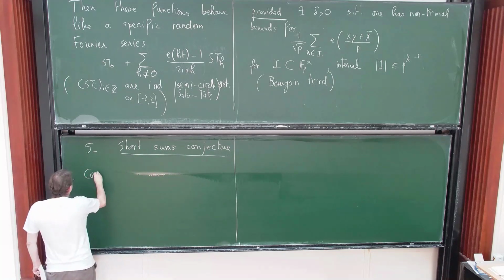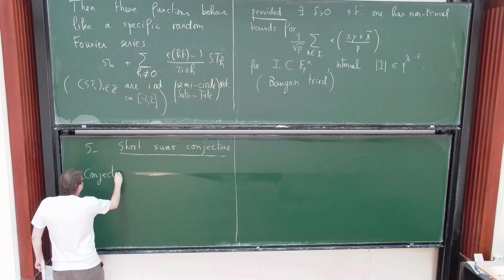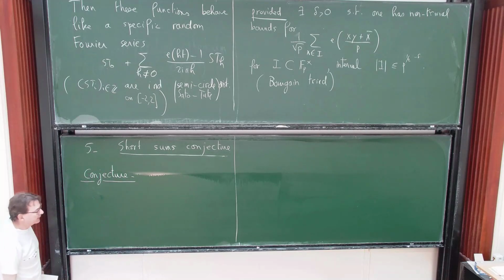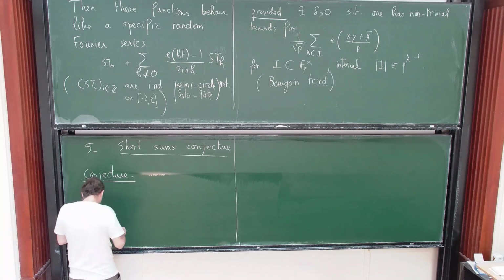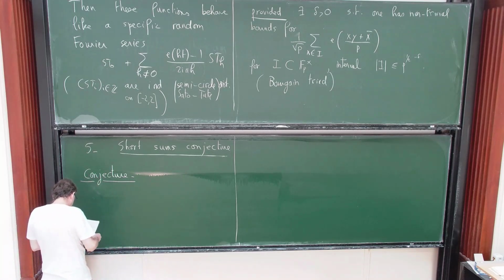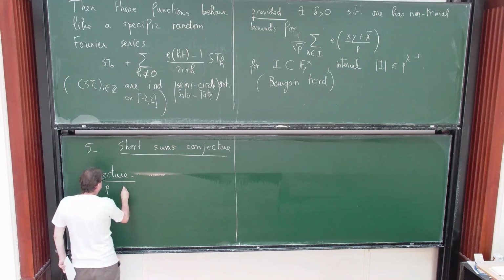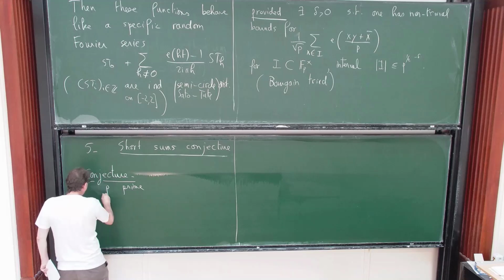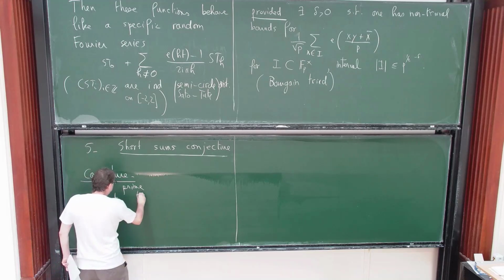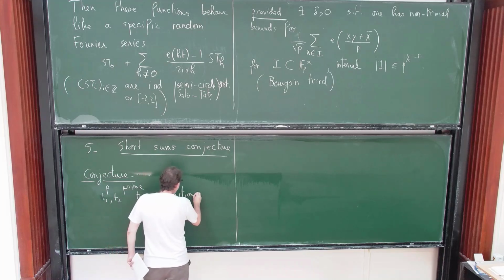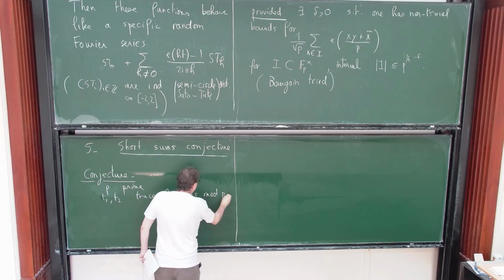So based on the examples we know, based on wishful thinking, and the fact that there is no obvious counterexample, we can make the following conjecture. So we're going to be in the situation of Berlin's theorem, but we're going to do it with short sums. So trace functions, T1 and T2, modulo p, in one variable.